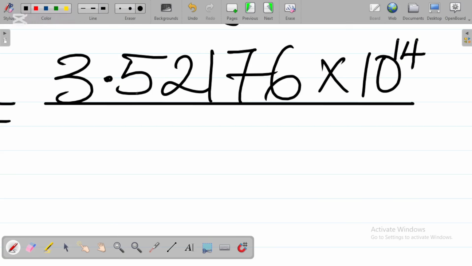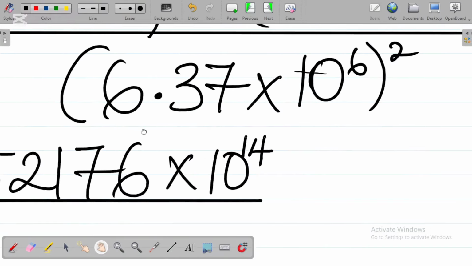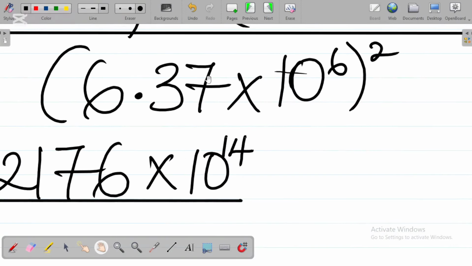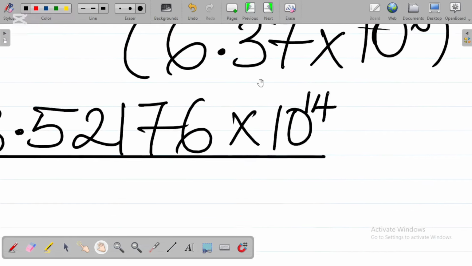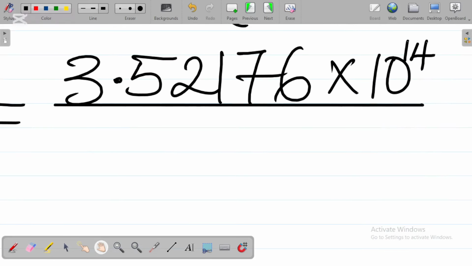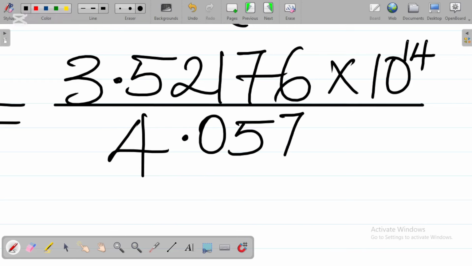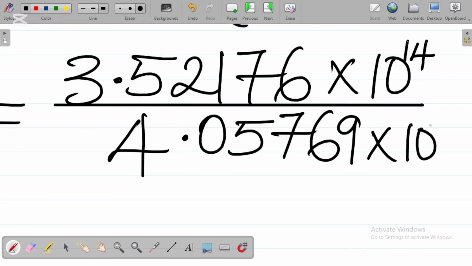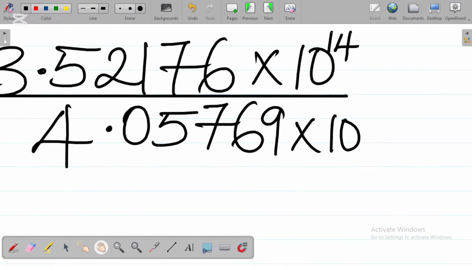Divided by 6.37 multiplied by 10 raised to power 6 all raised to power 2. If you punch your calculator, it will give you 4.05769, and then multiply by 10 raised to power what? 10 raised to power 13.